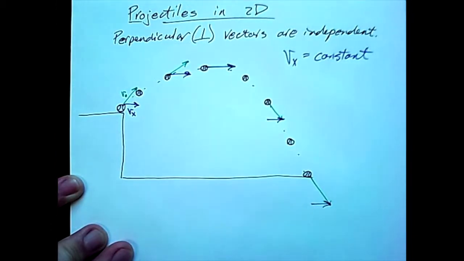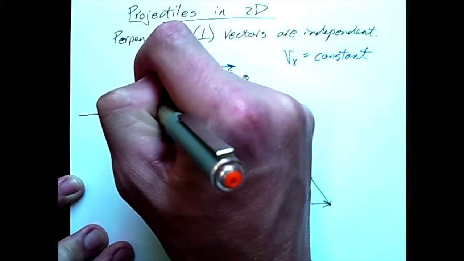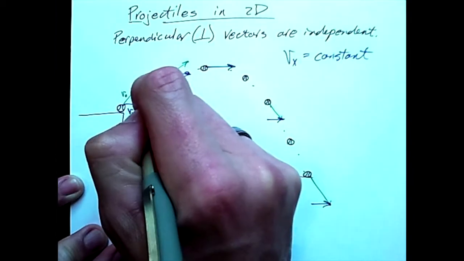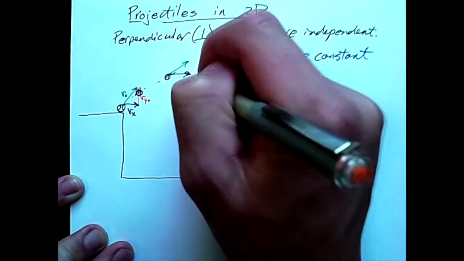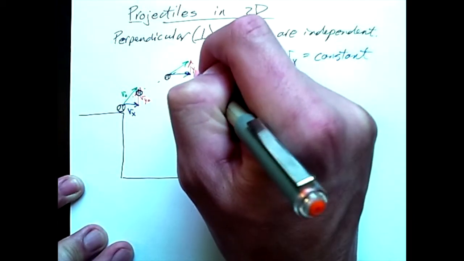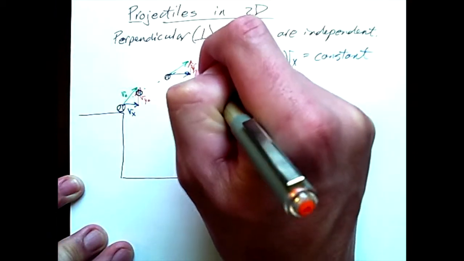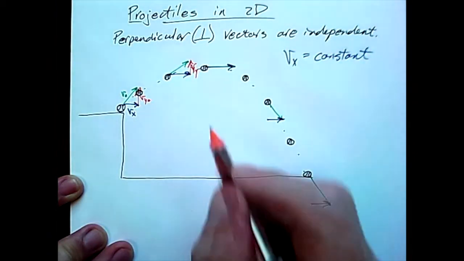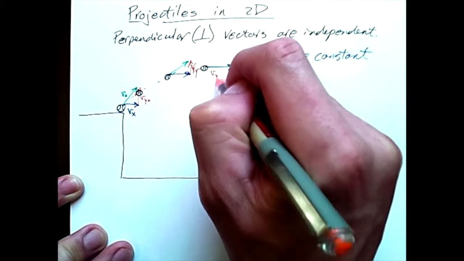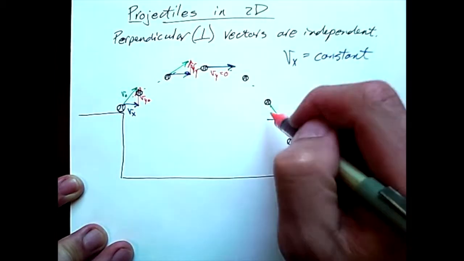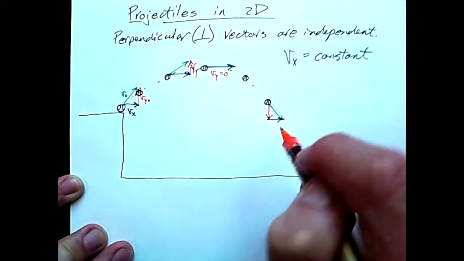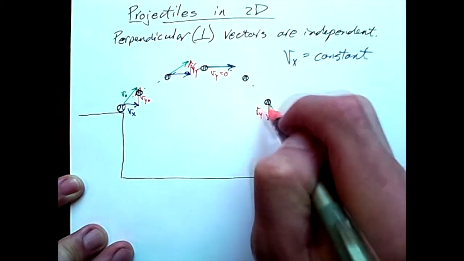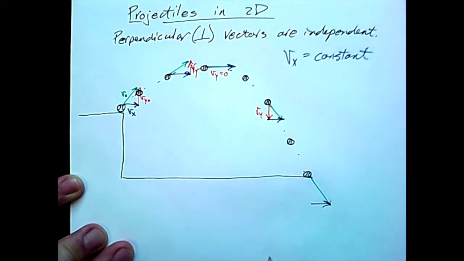And so when we analyze the vertical motion, we see that here at the beginning, it has some initial Vy naught. But here, the Vy has reduced. Here, Vy is 0. Here, it has inverted. Now the velocity is going down in the Vy direction and still horizontal in the Vx direction.